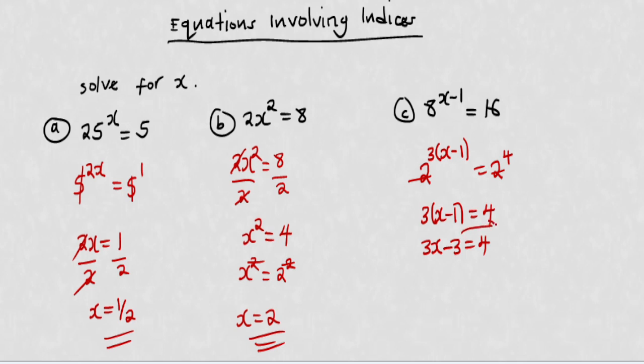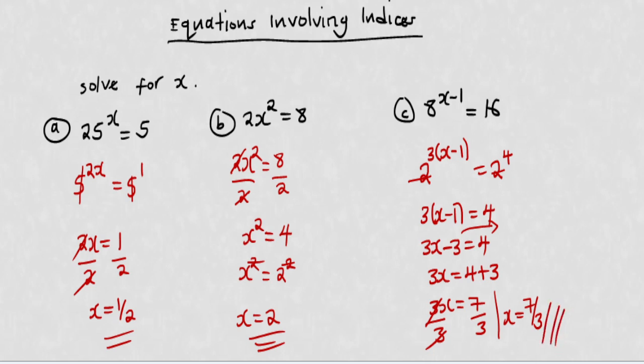Then negative 3 will cross the equal sign, so it becomes positive: 3x is equal to 4 plus 3, we get 7. Then I'll divide by 3 on both sides. Therefore the value of x will be equal to 7/3. I'll leave it as an improper fraction, and it's going to be accepted just like that.